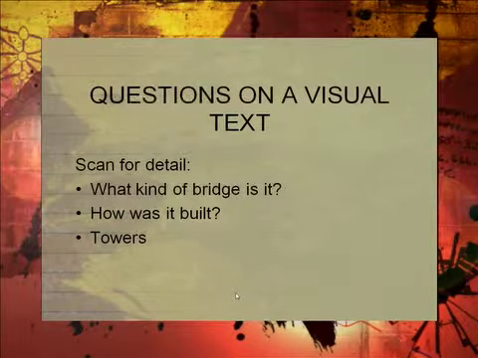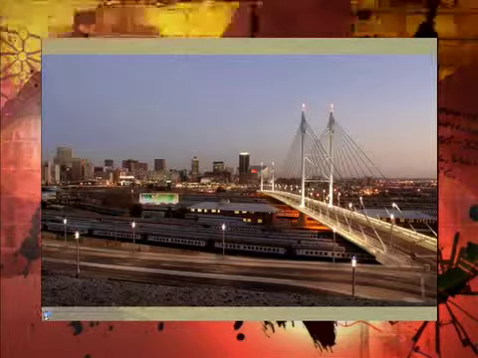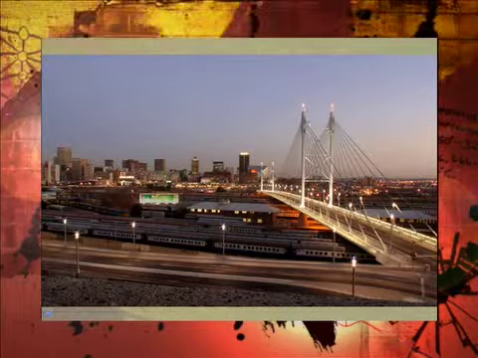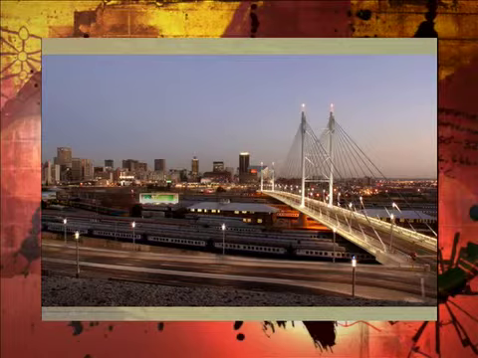Then you would scan for detail. Now, you could be asked, what kind of bridge is it and how was it built? Don't panic. Look back at your photograph. You can see that that photograph shows the two tall towers. And then you can see these things here. So you need a word like cable or girder, perhaps.